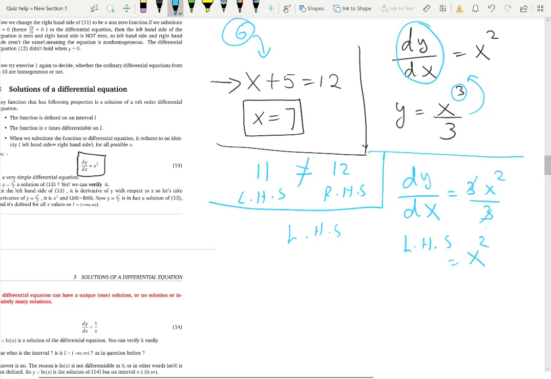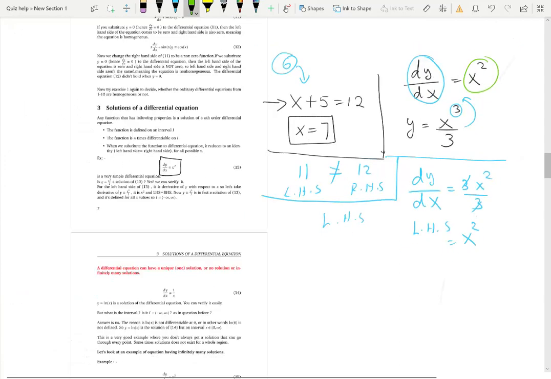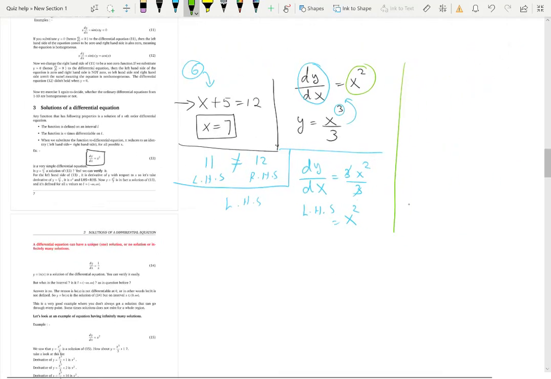Is it equal to the right hand side? What do you have in the right hand side? Take a look. The right hand side is also x squared. So the left hand side is equal to the right hand side. So then yes, y is equal to x cubed over 3 satisfies the differential equation. So it looks like x cubed over 3 is a solution.